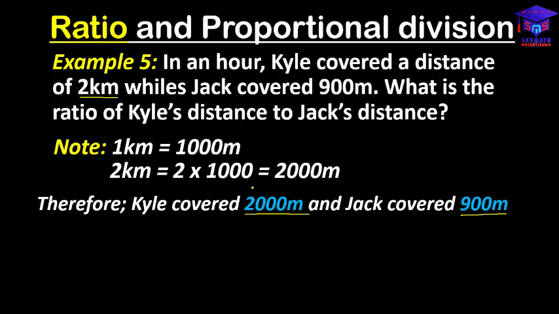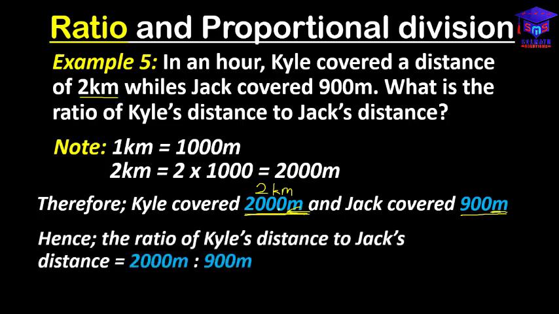Remember, in the question we were told that Carl covered 2 kilometers, but 2 kilometers is the same as 2,000 meters, right? Now that the two quantities are in the same unit of measurement, meters and meters, we can go ahead and write the two as a ratio.